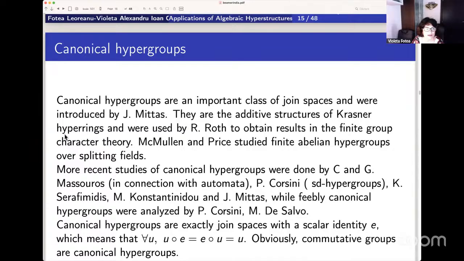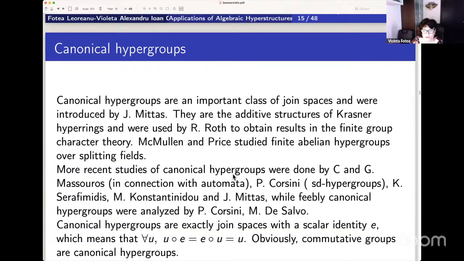This structure of Krasner hyperrings was used by Roth to obtain results in finite group character theory. And McMullen and Price studied finite abelian hypergroups over splitting fields.